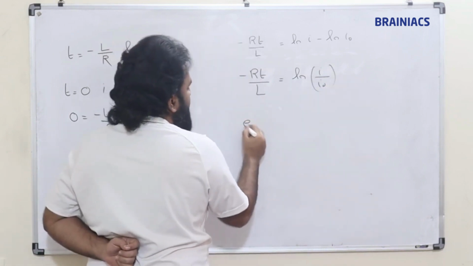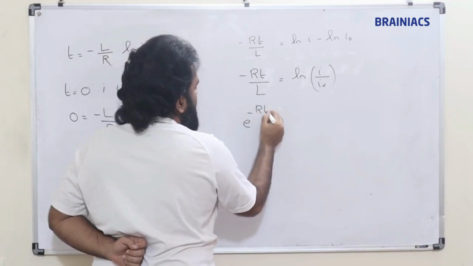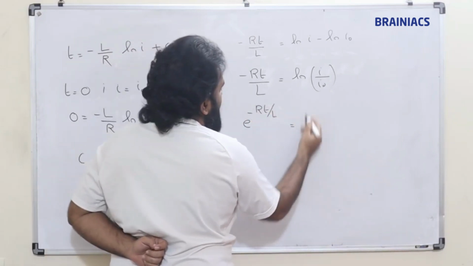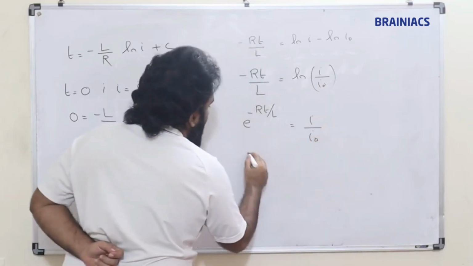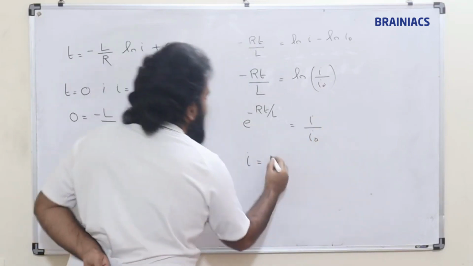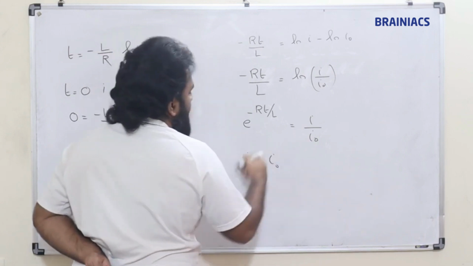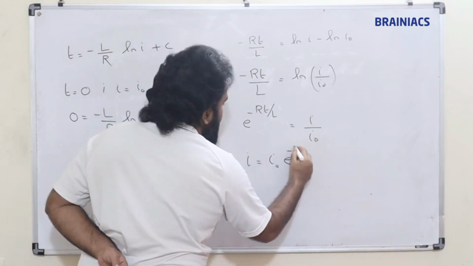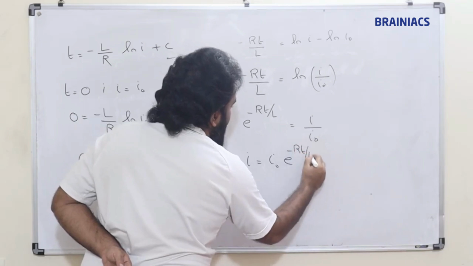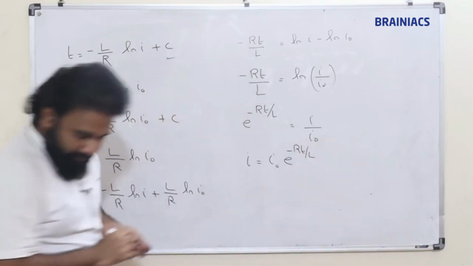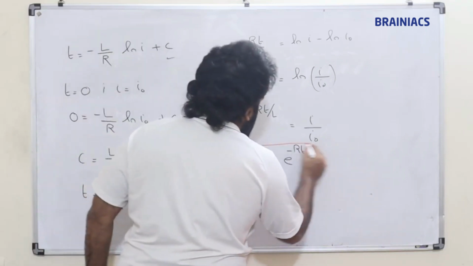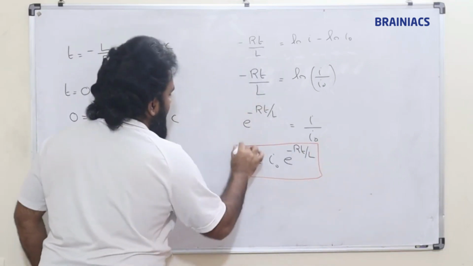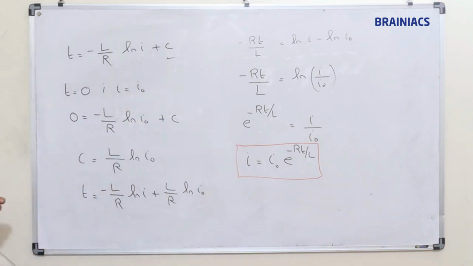Now if I take exponential, e raised to minus RT by L is equal to I by I naught. So current value I is equal to I naught, that's the maximum current, into e raised to minus RT by L. This is our expression for decay of current. Clear? Note it down.